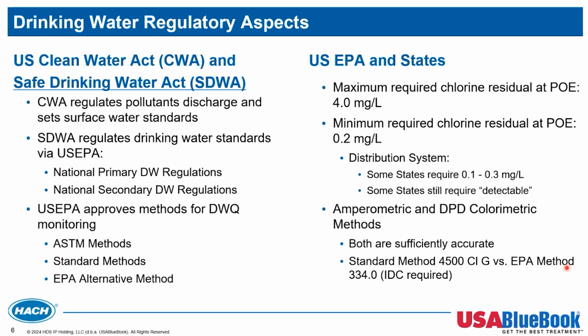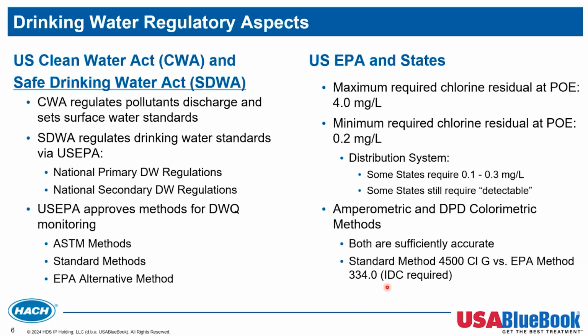Now, when we talk about those methods, they both can be sufficiently accurate. However, they are touching two different sides of the regulatory landscape: the standard methods or the alternative method, US EPA method 334.0.